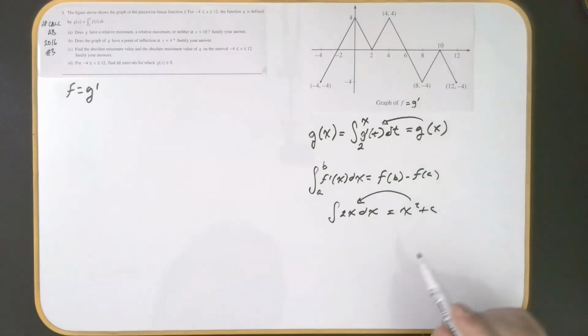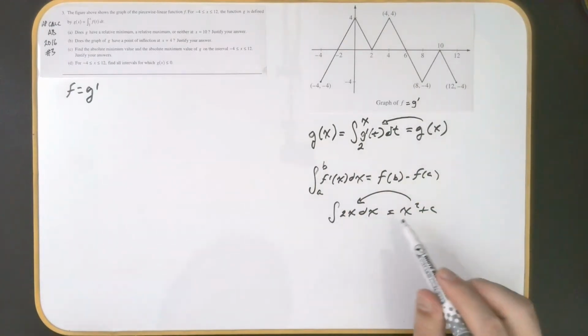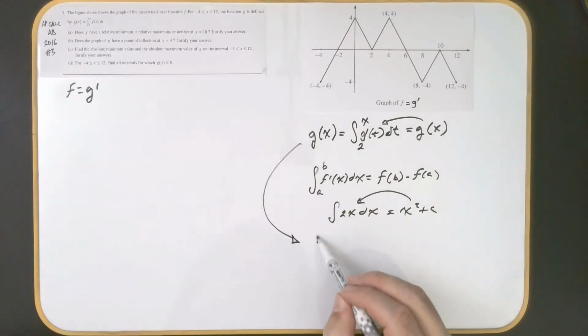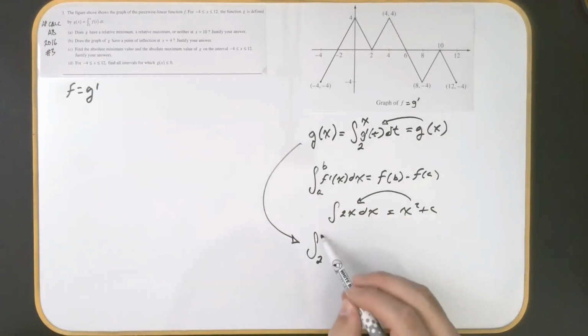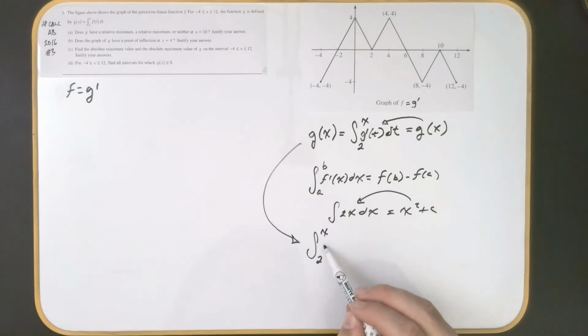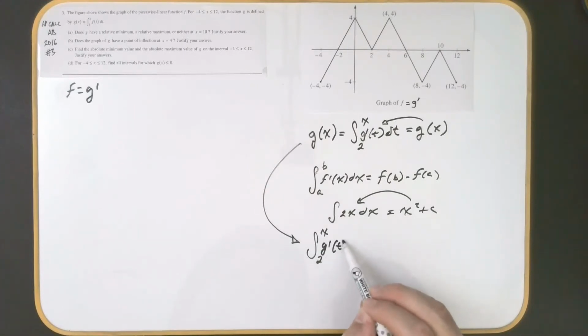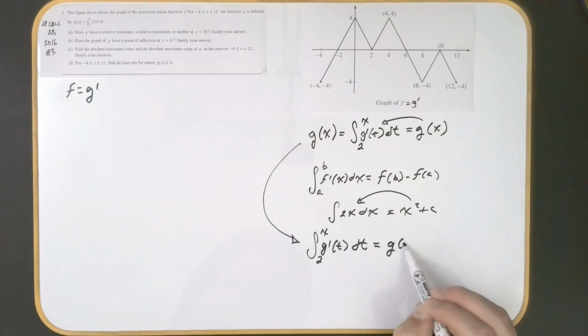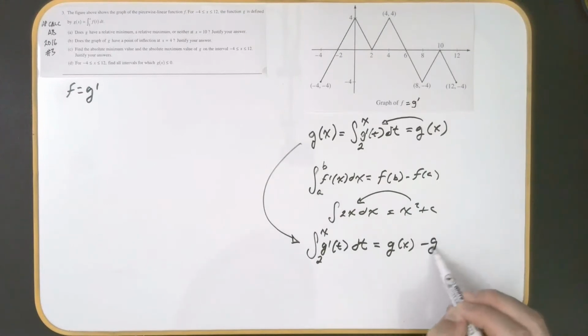But then there's another issue. Once you reconcile that piece, I'm now going to take this and put this down here. I'm going to say, okay, if the integral from 2 to x of g prime of t dt is equal to g of x minus g of 2.